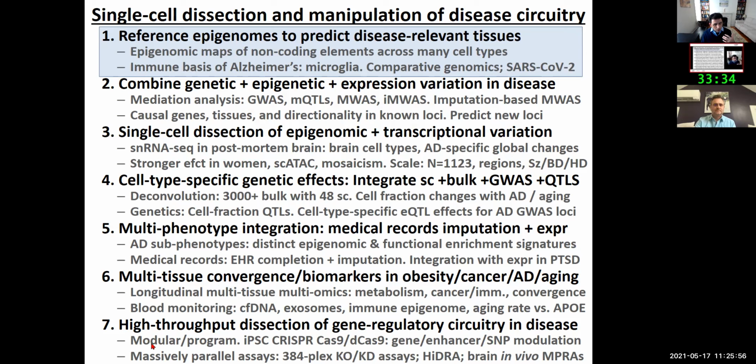And then we develop extremely high throughput methods for dissecting that circuitry, for carrying out 7 million experiments, 7 million measurements in a single assay, and hundreds of perturbations in a single assay. So I will walk you through these different types of activities, acknowledging each of the papers in the bottom right of the slides. So let's start with the reference epigenome.